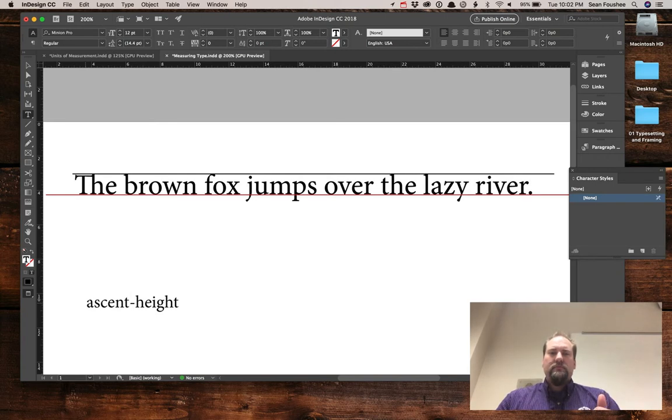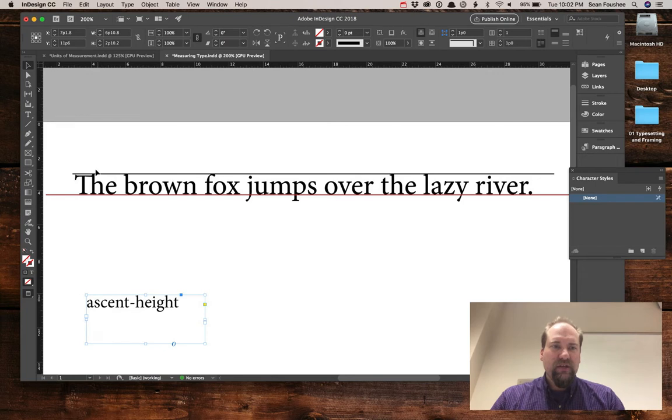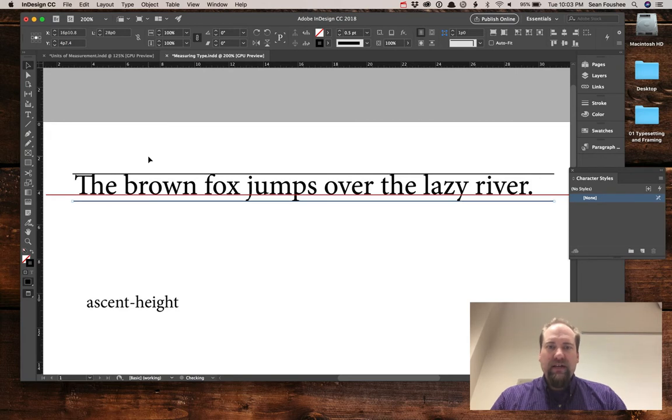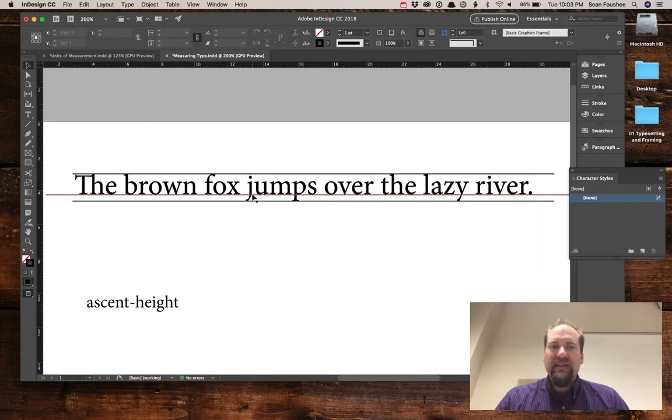Now, the last one we're going to talk about is called the descent line. And if you're following along, you probably have already figured out exactly what this measures. In fact, I'm just going to copy this as I bring this down here. You'll notice that the lowercase letters, in this particular case the lowercase j, p, and y, have a part that actually descends below the baseline to where this other line that I've now placed.